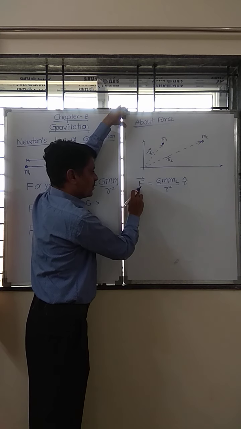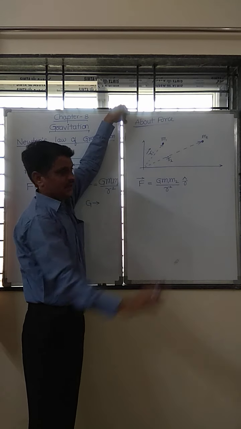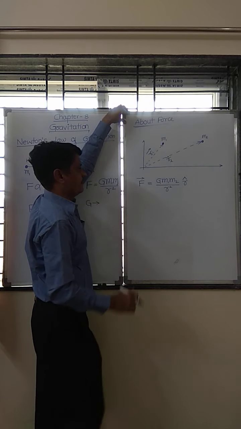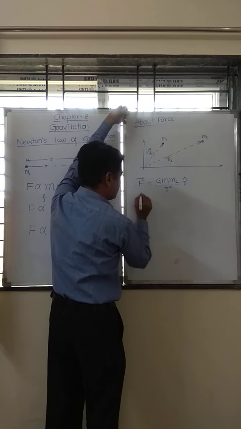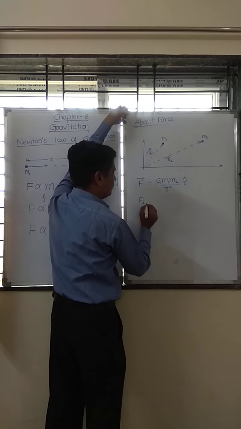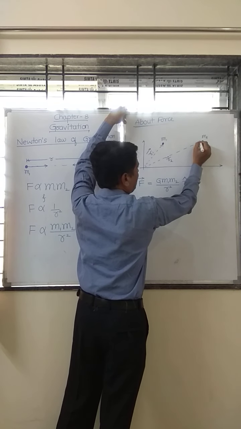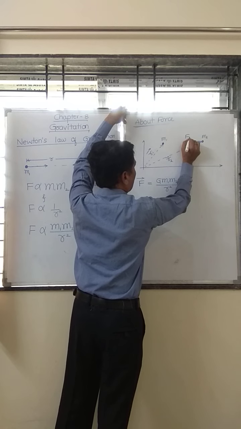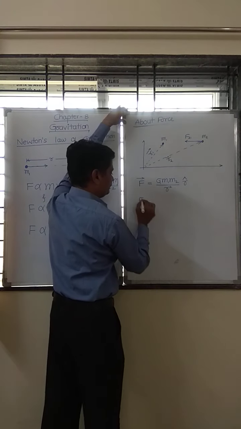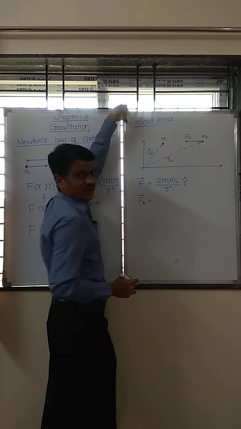The direction of force is decided by the direction of the unit vector. For example, if I want to write the force on m2 by m1, it means m1 exerts force this side. This is called force on m2 by m1. Then the direction is towards m1.